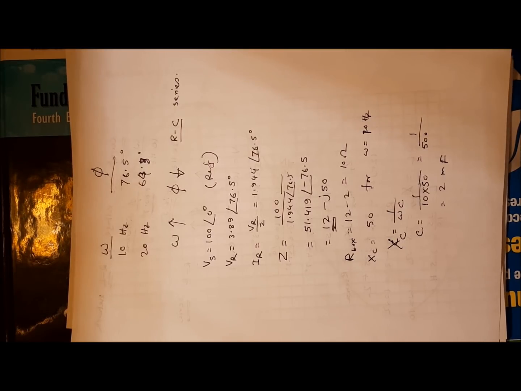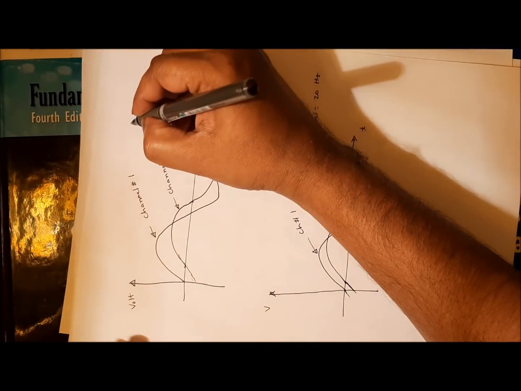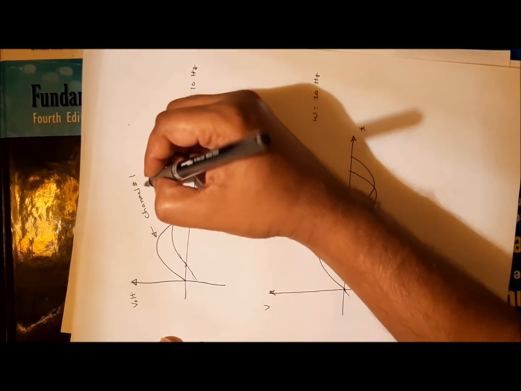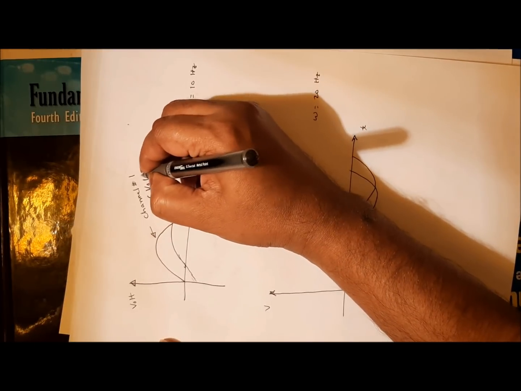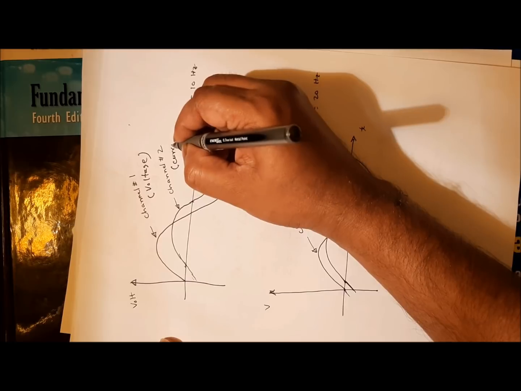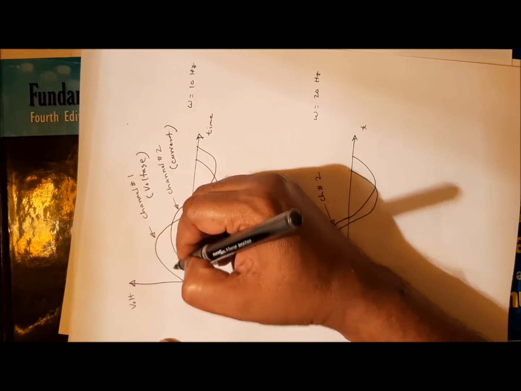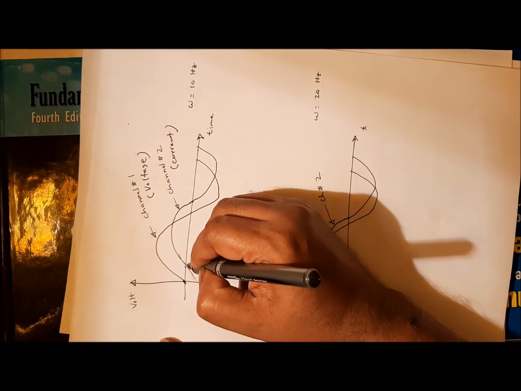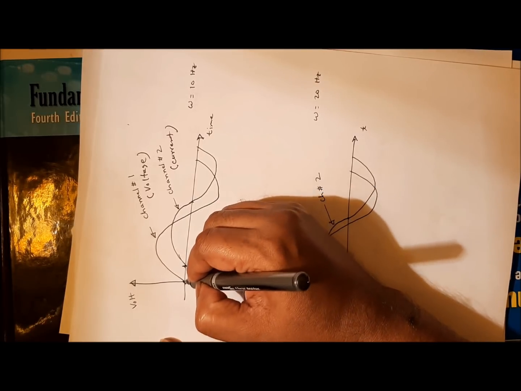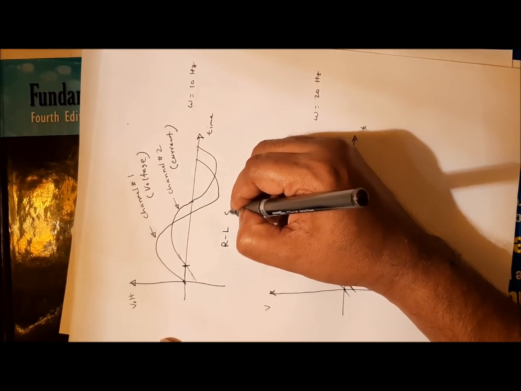Now for a parallel circuit, let's say this is for RL. You see here channel 1, let's say this is voltage, and channel 2, let's say this is current. For channel 1 you got voltage leading, current lagging. So this will be an RL circuit.